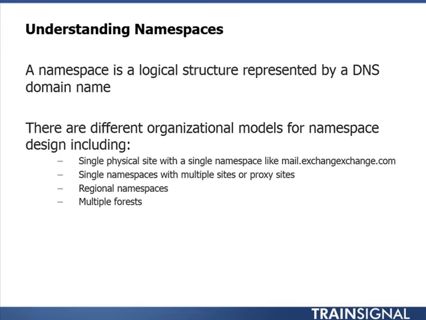Now, going back up to the top, if we look at this and we look at the single physical site, you might have a centralized data center. And in that case, all of the Exchange servers are located within that physical site, the single physical site. And so a single namespace would work just fine. With that model, you don't have too many DNS records to worry about. You have fewer certificates to worry about and manage.